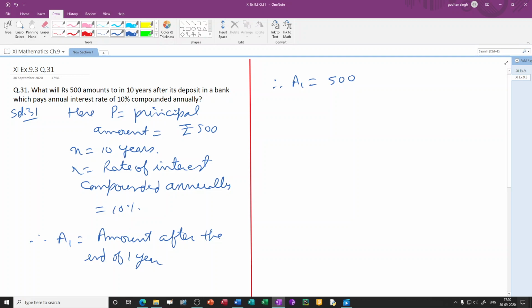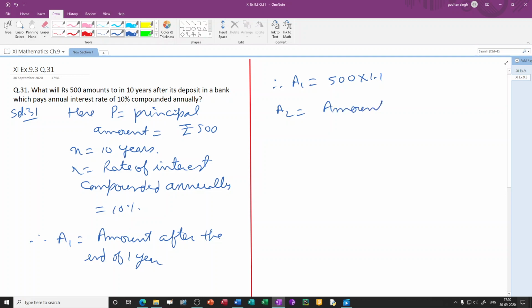That means after 1 year the amount will become 1.1 times the original principal amount. So A1 will be 500 into 1.1. Similarly A2 will be the amount after 2 years.